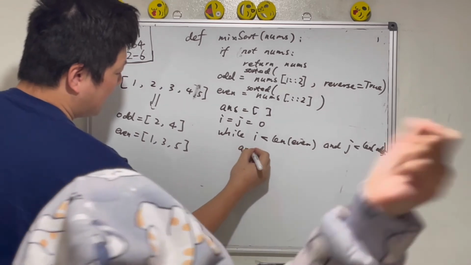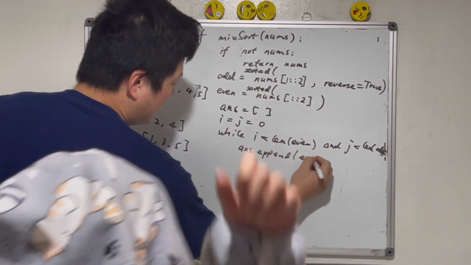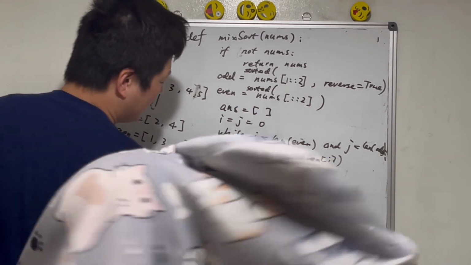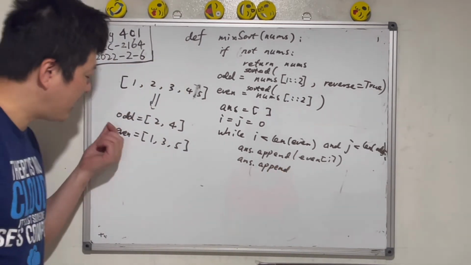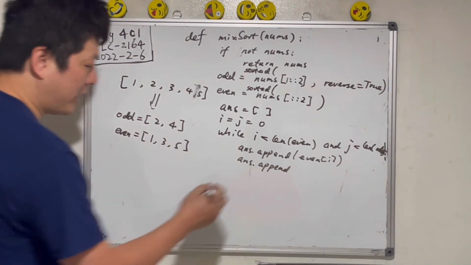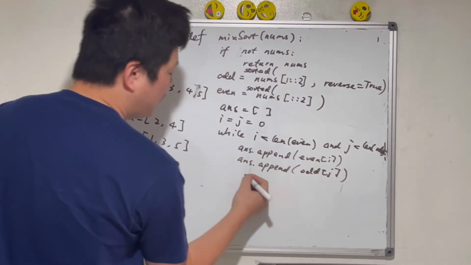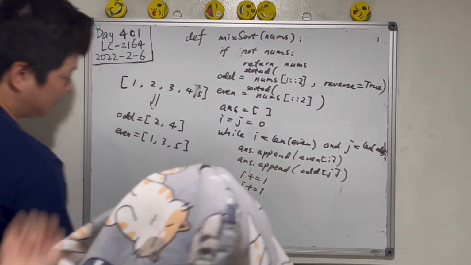Answer dot append even i, answer dot append odd j. We pick in turn one even number and then one odd number. And then we move the pointers: i plus equals 1, j plus equals 1.